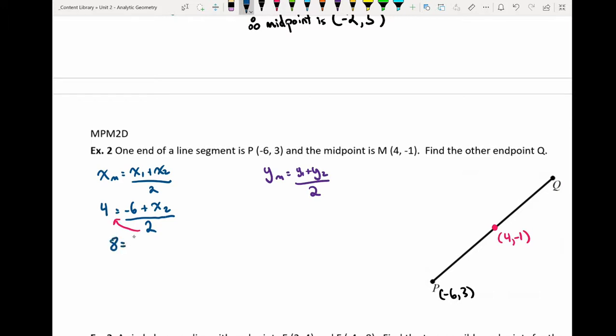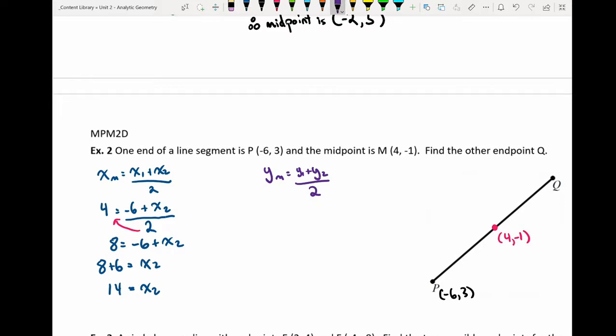So we get 8 equals -6 plus x2. I'm going to move the -6 over so it becomes 8 plus 6 equals x2. And I get 14 equals x2. So that's the x value of my endpoint, or of my second point.